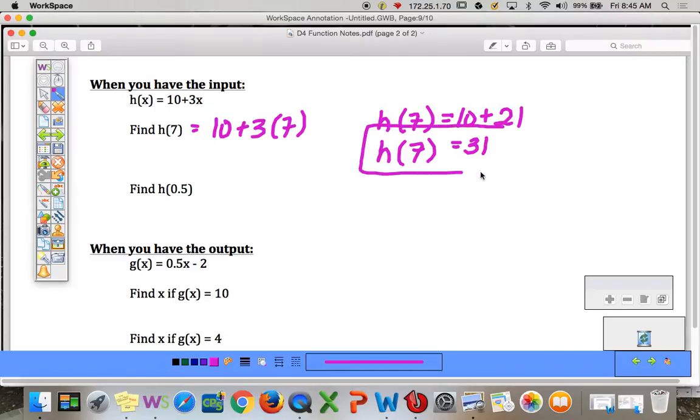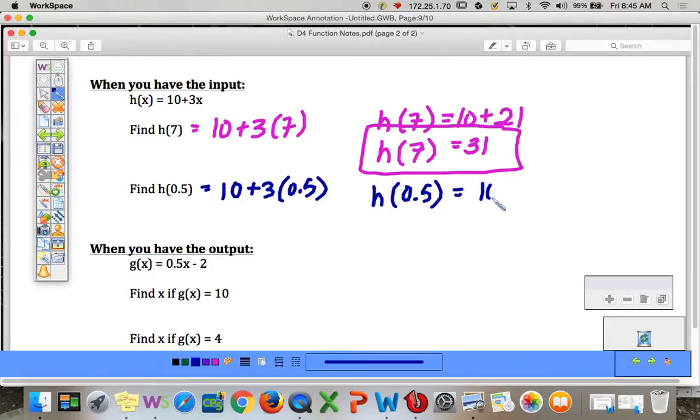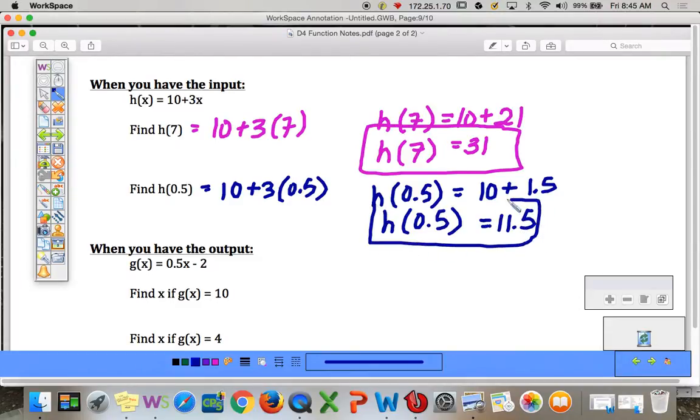It means you plug in a 7, 31 is the answer, the y value. Let's find h of 0.5. We have 10 plus 3 times half. So h of 0.5 equals 10 plus half of 3 is 1.5. So we say h of 0.5 equals 11.5. So when you plug in a 0.5, your answer is 11.5.